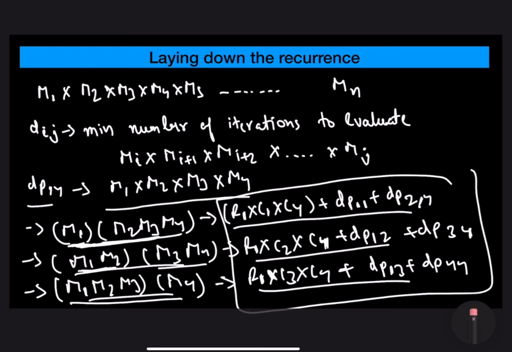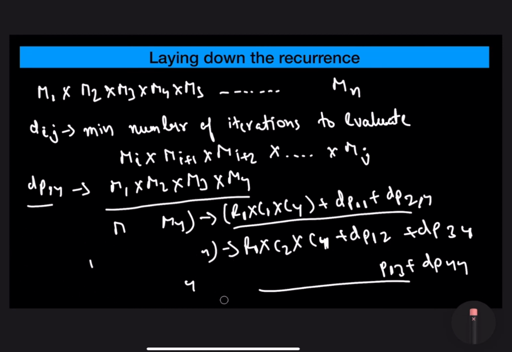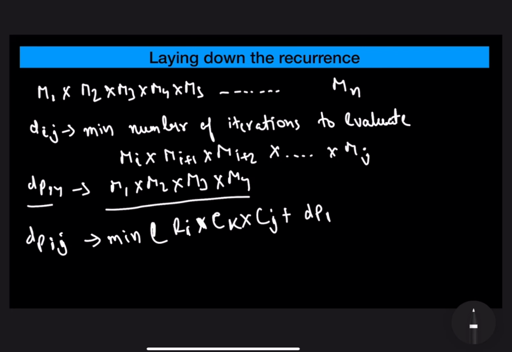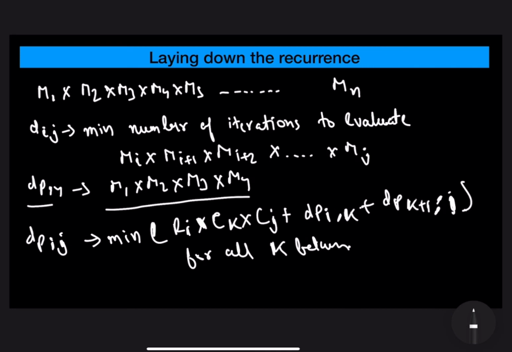So let's just make some space over here. Now, in order to understand the value of dp of i comma j, the recurrence relation will be: dp of i comma j is the minimum of ri into ck into cj plus dp of i comma k plus dp of k plus 1 comma j, for all k between i to j minus 1 inclusive.